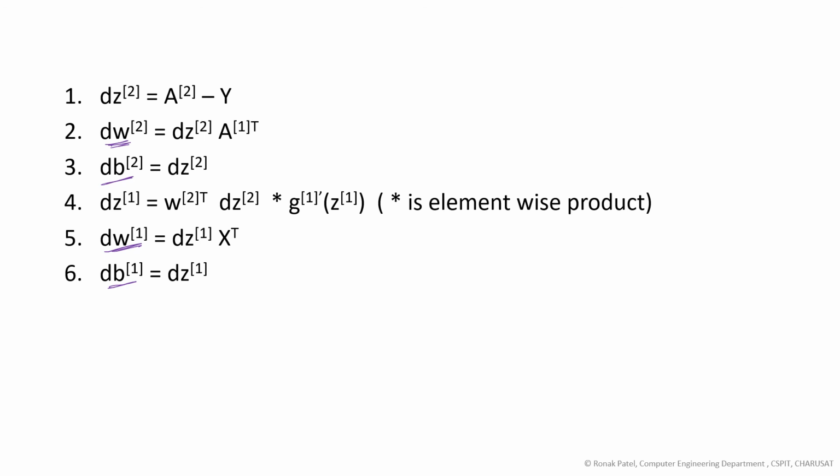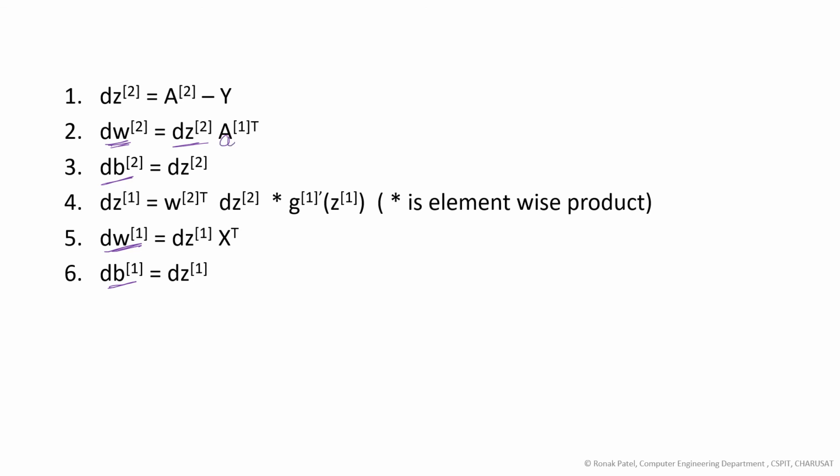To find out dw2, what do we require? We require dz2 and we require a1, right? Here I have written capital A, meaning for M training examples. But if you perform on one training example, you can write small a as well, right?